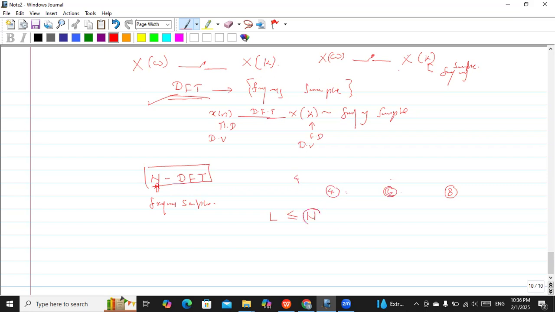This n normally should be greater than or equal to the length of the time sequence. This L is the length of the time sequence.